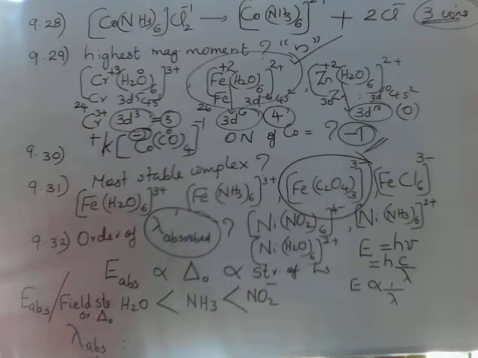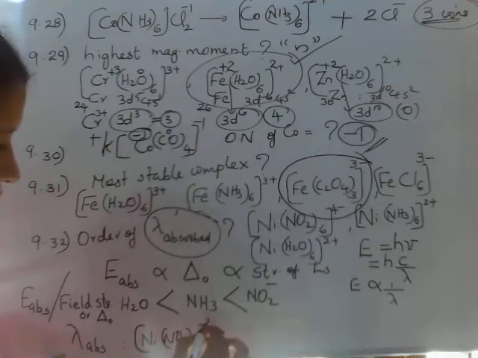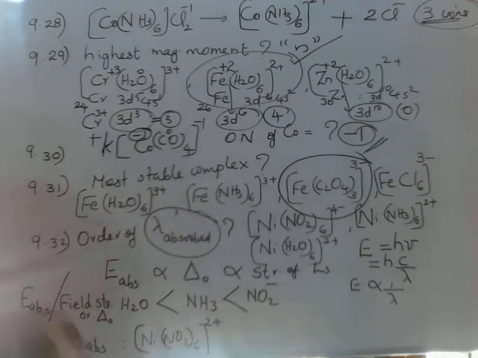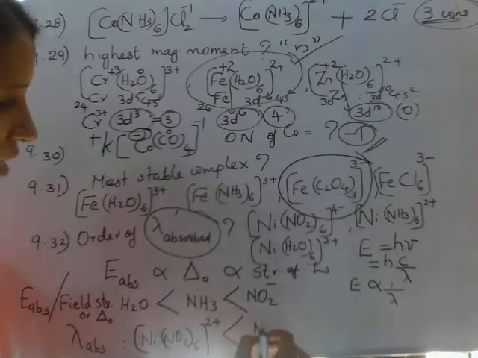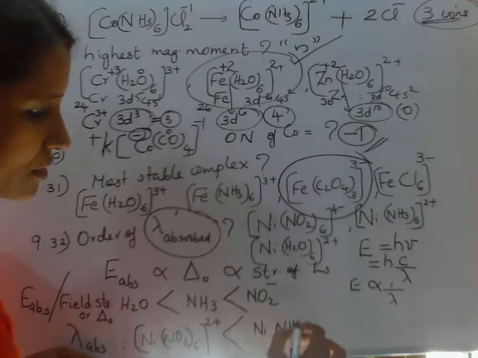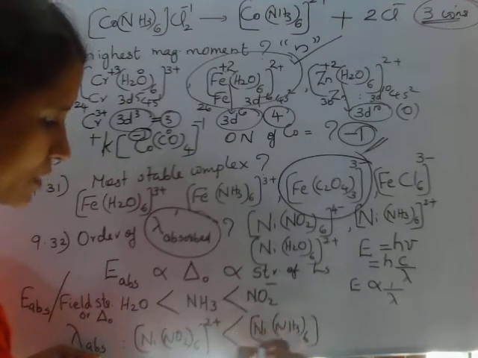That means which is having the lowest lambda of absorption? The complex with the highest energy of absorption. That is nickel NO2 minus 6 times 4 minus. This complex is having the minimum lambda of absorption. Maximum energy, that means minimum lambda of absorption, then nickel NH3 6 times 2 plus.